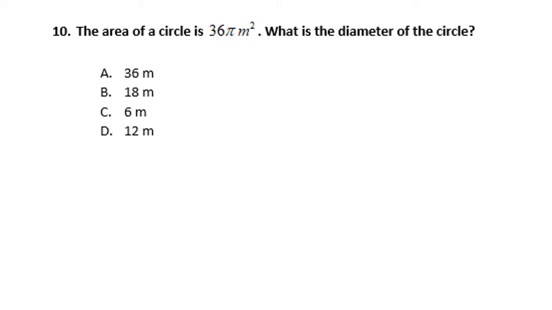Number 10. The area of a circle is 36 pi meters squared. What is the diameter of the circle? A, 36 meters, B, 18 meters, C, 6 meters, D, 12 meters.